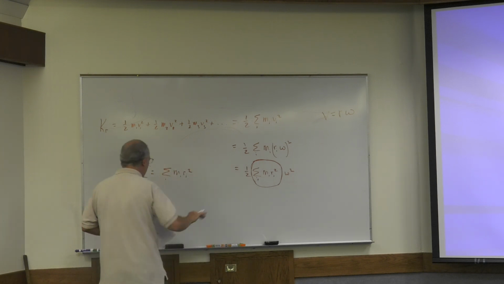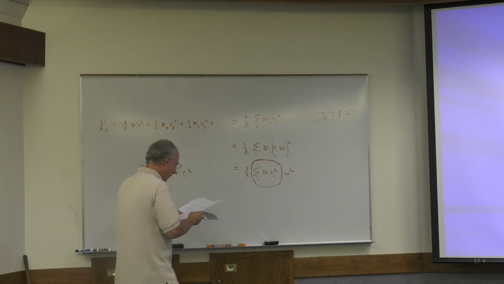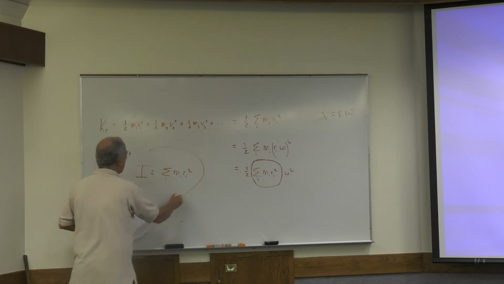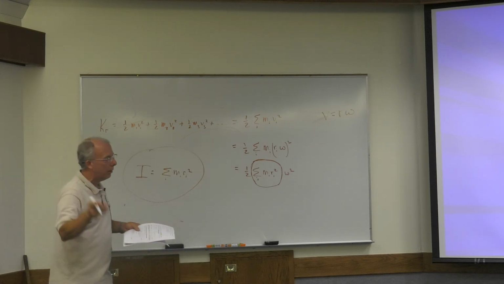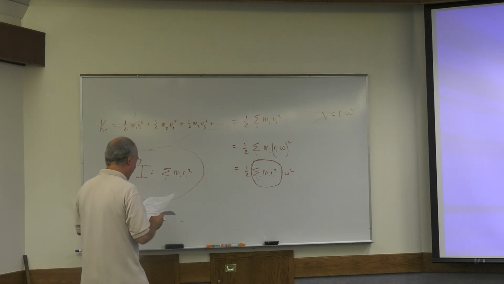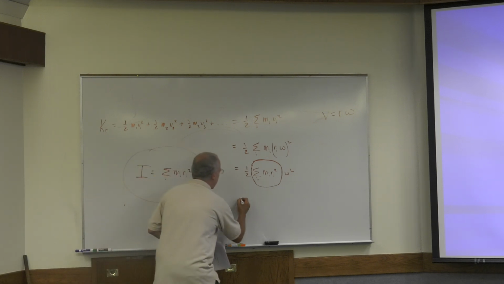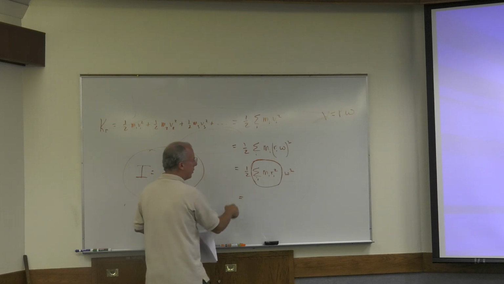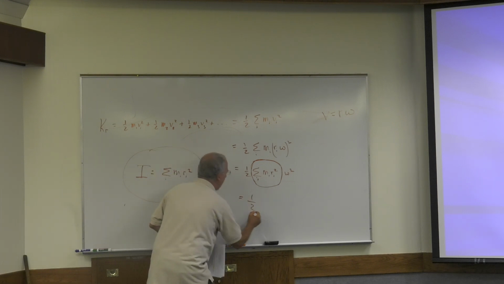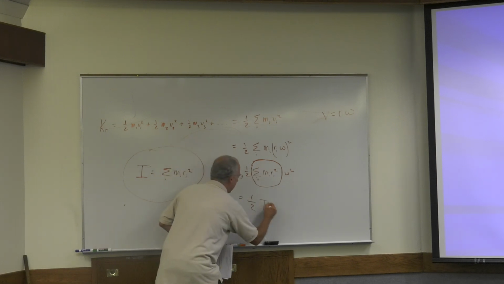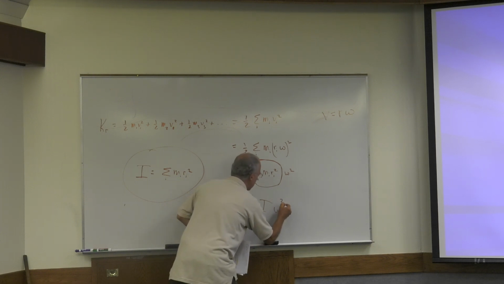We'll get into it, don't worry. Some people call it the moment of inertia, whatever you want to call it, I don't care. But what's so awesome about that? Let's substitute. We have 1/2 times this thing, I omega squared.